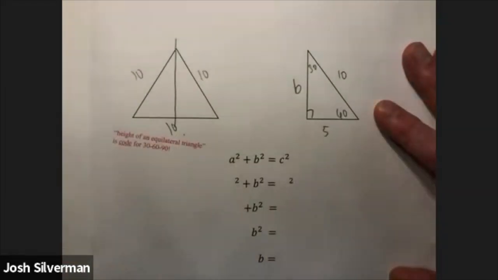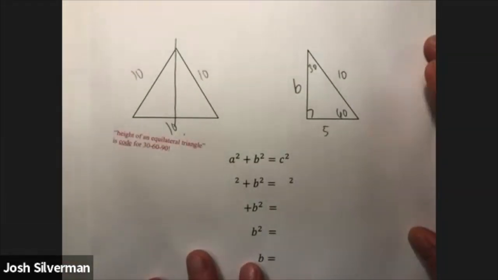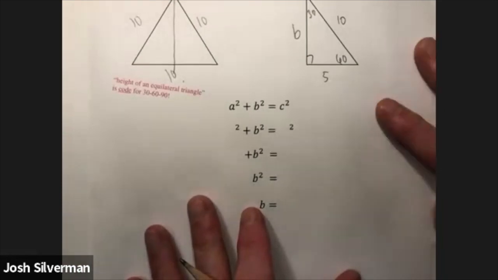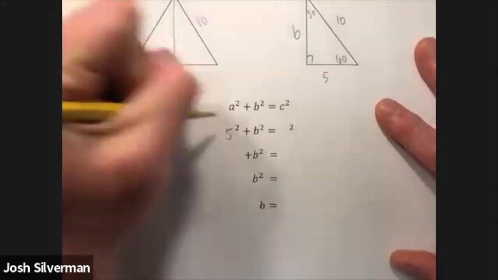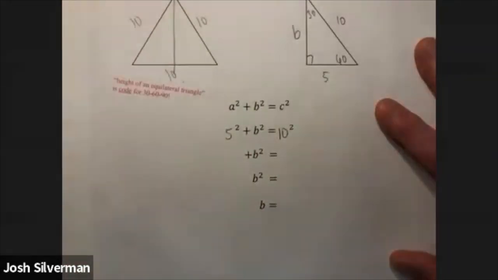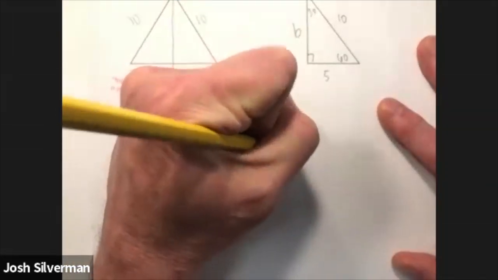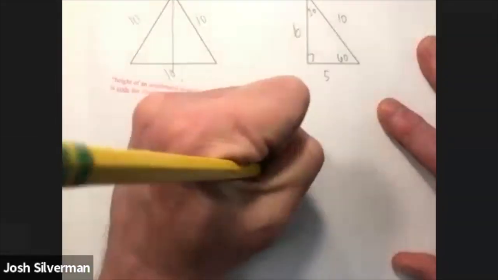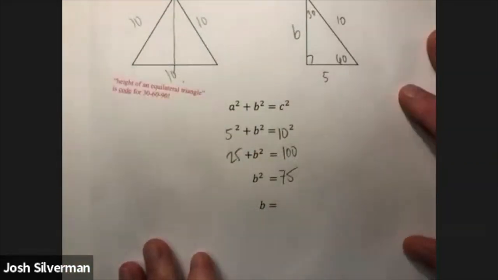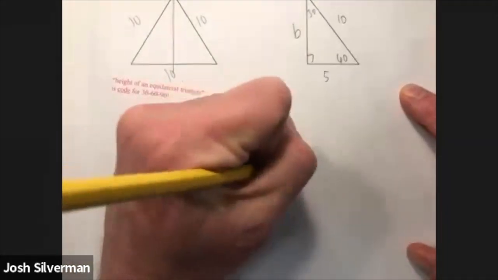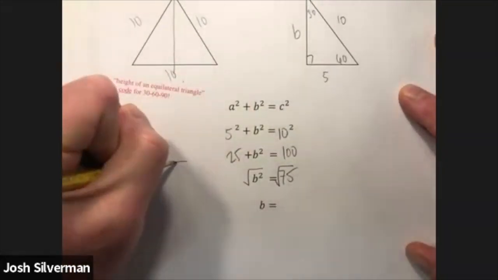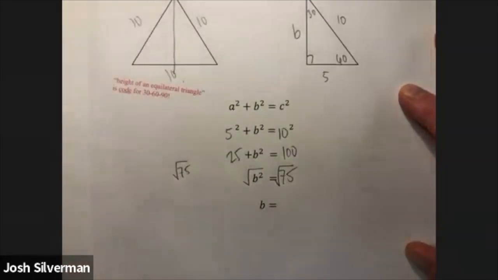What's the medium side? Well, plug it into the Pythagorean theorem. The short side is 5. The hypotenuse is 10. 5 squared, 25. 10 squared, 100. Subtract from both sides. B squared equals 75. Take the square root of both sides. All right, what is root 75? We got to simplify that.